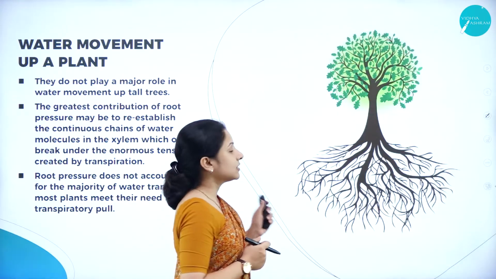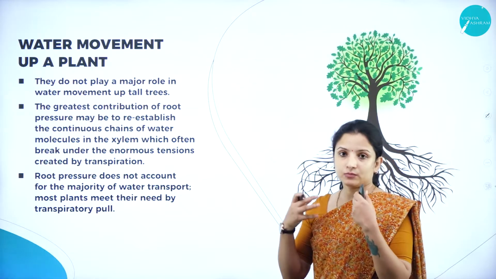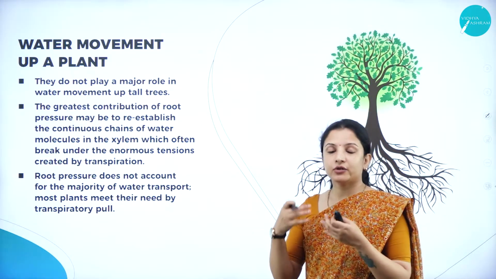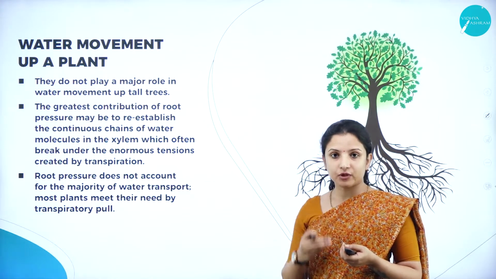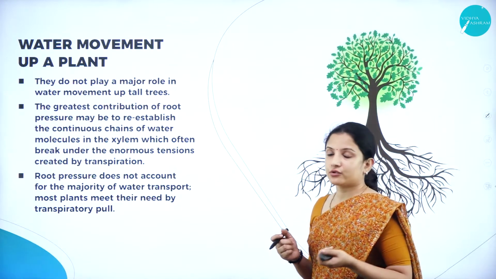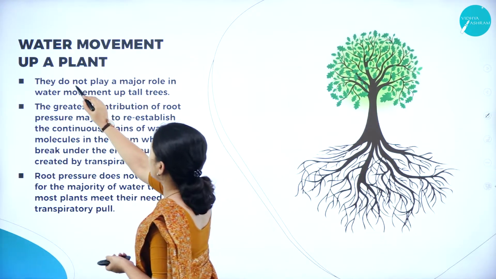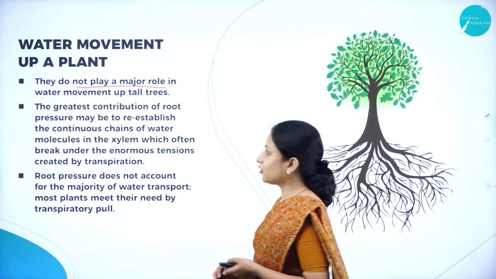So we shall look into how, in tall trees, the water moves from the root to different parts of the plant. As I told you, the root pressure does not play a major role in water movement up to the tall trees.